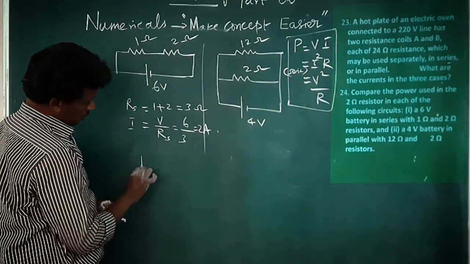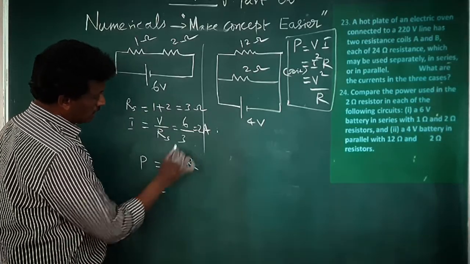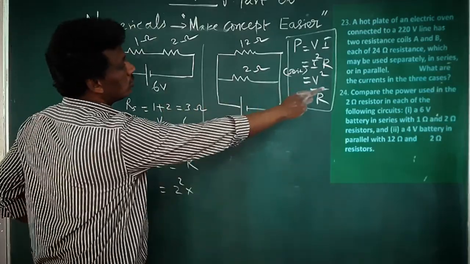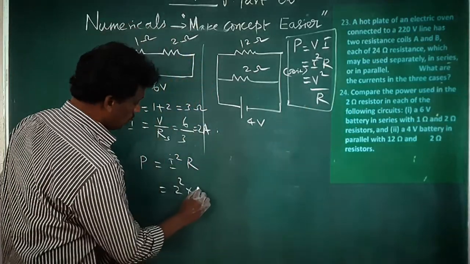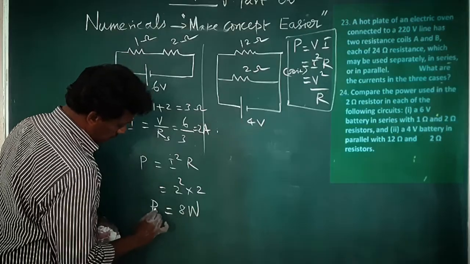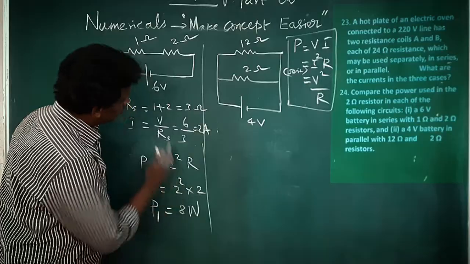So power P equal to I squared R. What is I? 2 squared R. Where you want to find out? Through 2 ohm. The condition is given, 2 ohm resistor. So 2 squared times 2, which is equal to 8 watt. This P I am putting as P1. Is it clear now? This is for the first circuit.